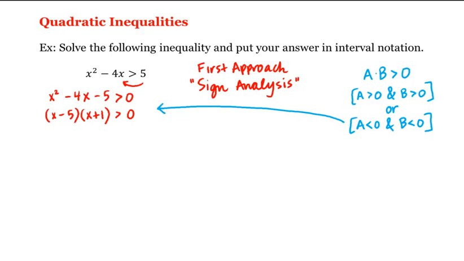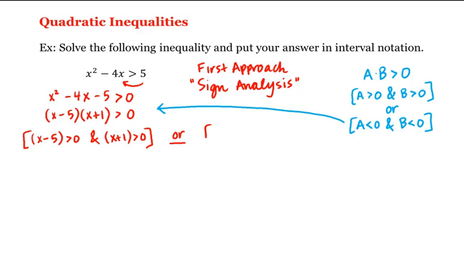We have a product of factors greater than 0, which means that the first factor, x minus 5, is greater than 0, and the second factor, x plus 1, is greater than 0.